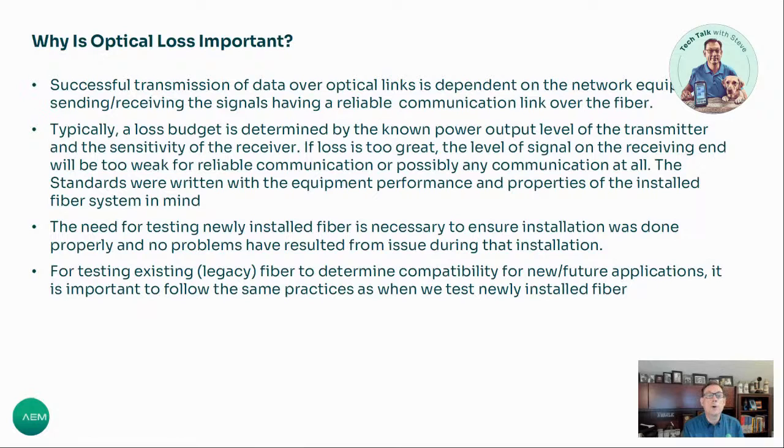Why is it important? We need to test the loss on fiber because we're running data over it, and too much loss is going to cause problems with our data. It might be just a slow network, might be no network.